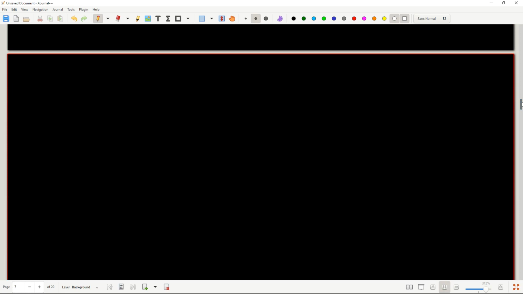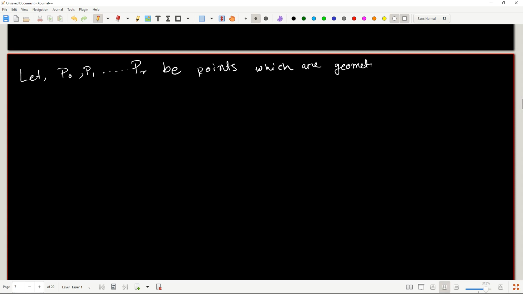So now we say that let p0, p1, ..., p_r be points which are geometrically independent in some r-dimensional space, and we are dealing with a real space.